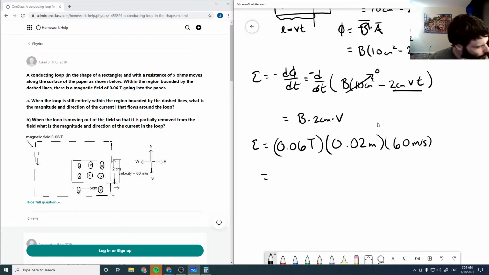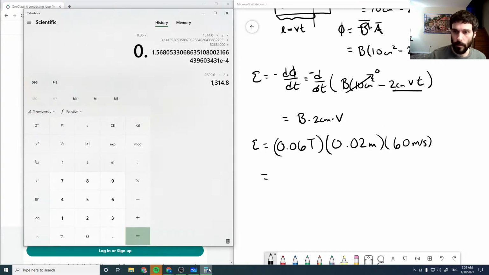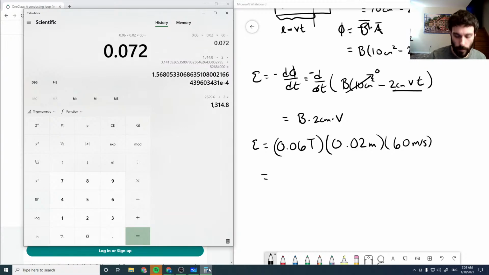For some reason, I did all my calculations with 0.05, which... Okay, well, gives us, so 12, and I'm just going to have to recalculate a bit, I guess. .072. So that's 0.72 volts.